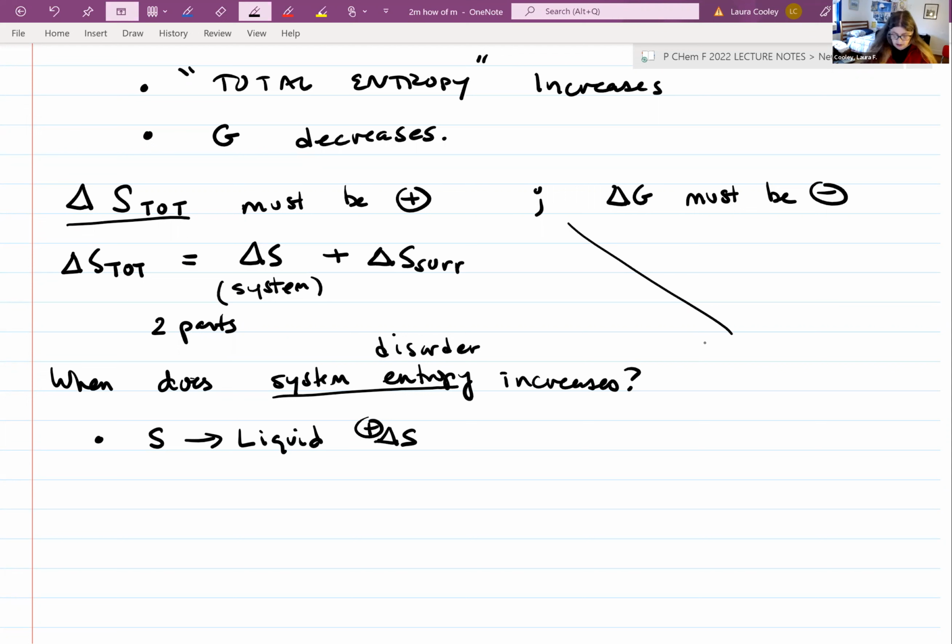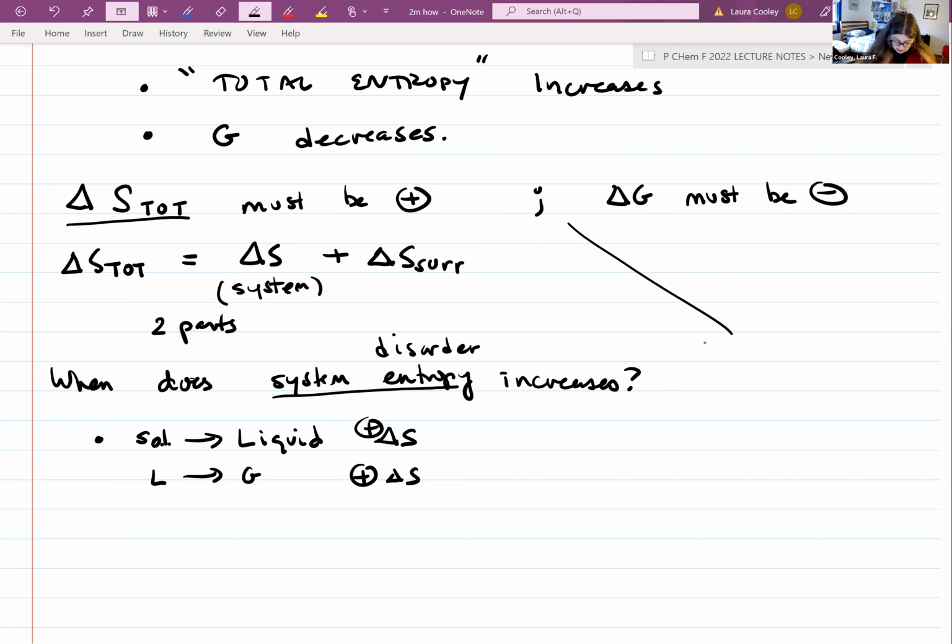A solid is very rigid, very ordered. So solid going to a liquid will have a positive delta S generally. A liquid going to a gas also definitely has a positive delta S, because gas molecules are moving. Liquid molecules are moving a little bit, but not as much as gas molecules at all.